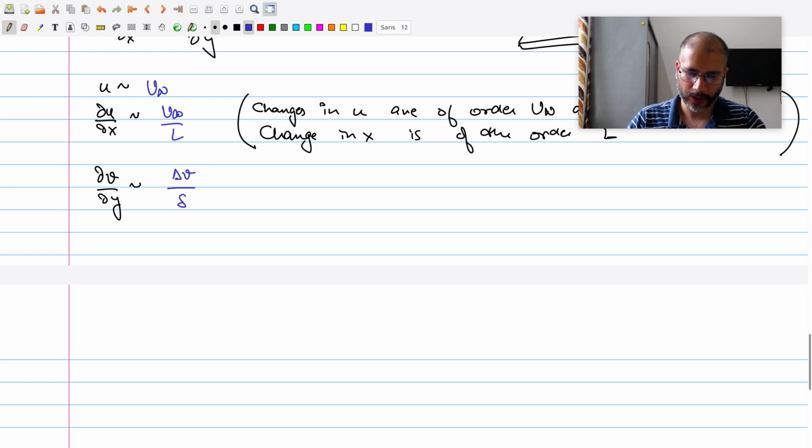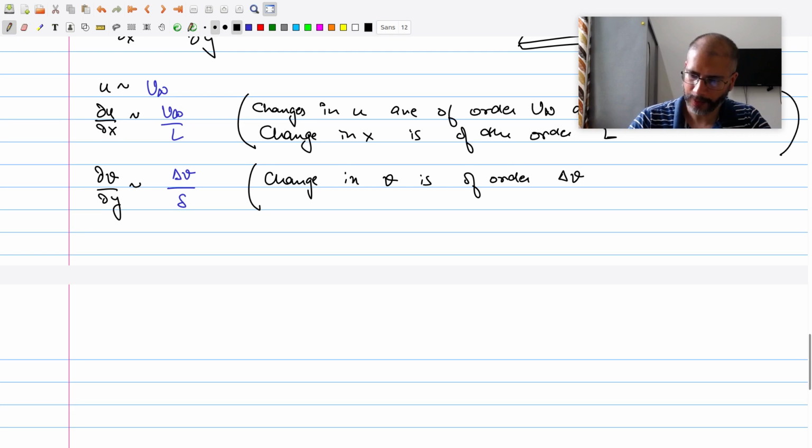So this is the order of del v by del y. Change in v is of order delta v, and change in y is of order delta. So that's going in the y direction in the boundary layer.